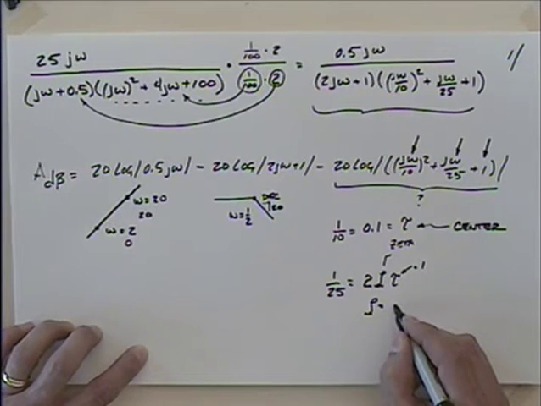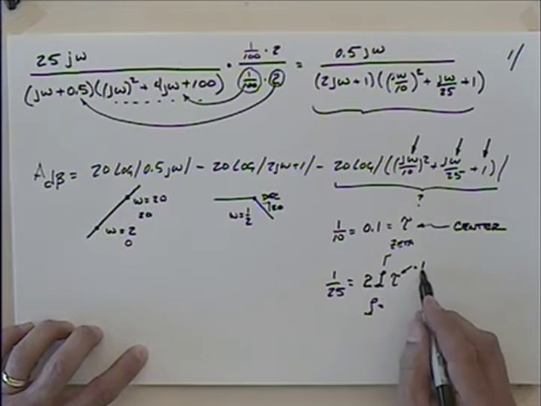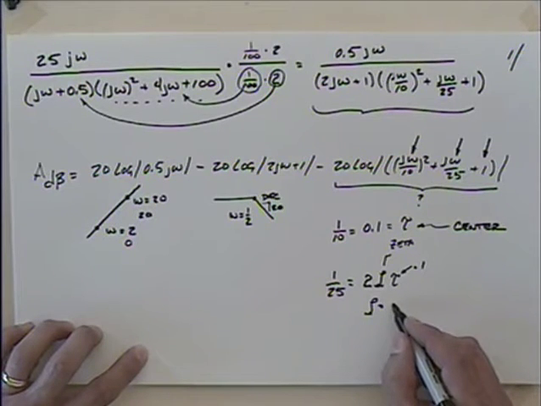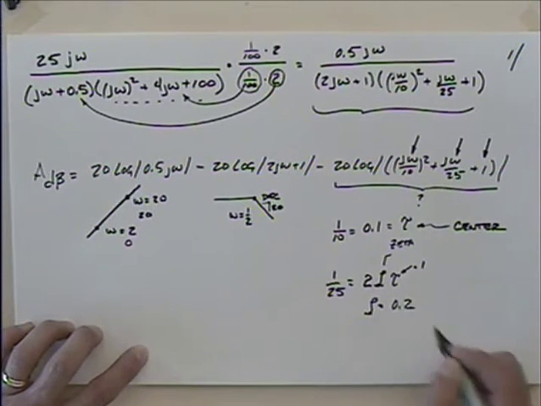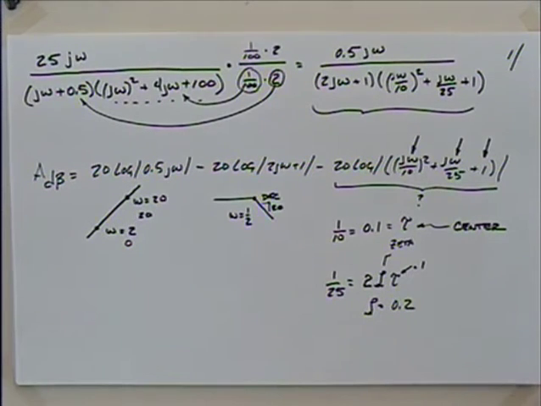Yeah, it should be divided by 0.1. Should be 1 over 5, right? Because this is 0.1. So 1 over 5 gives me 0.2? Yeah. Okay.